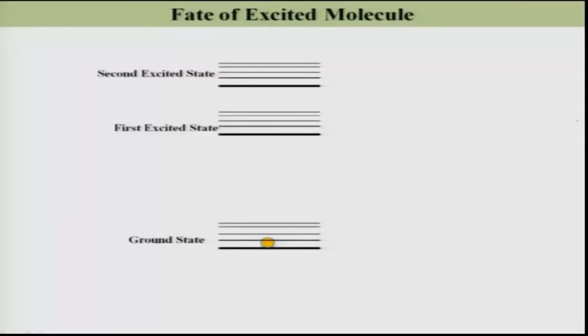Okay. So, now let us move to this topic, the fate of the excited molecule. Till now, what we have seen is that we are exciting this molecule from one state to the other by absorption of radiation, and that gives me the absorption spectra. Depending on whether it goes from the ground state to the first or second excited state, the absorption spectra change, and if we scan the wavelength and plot the absorbance, we get the absorption spectra.